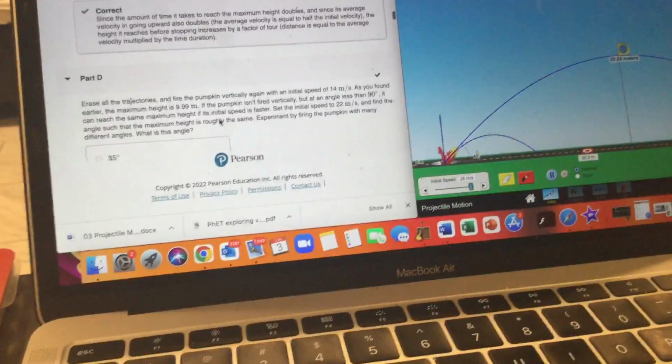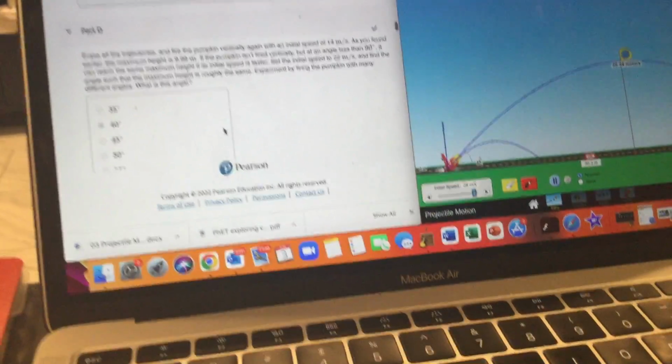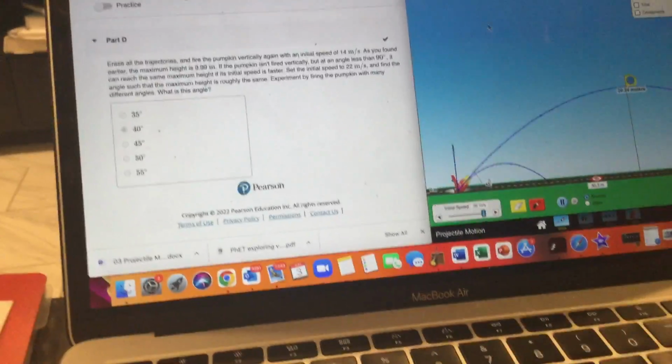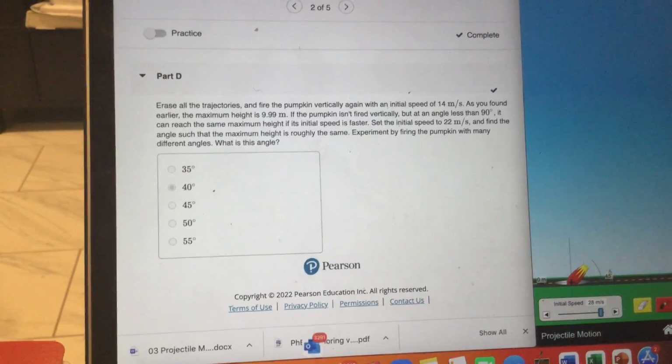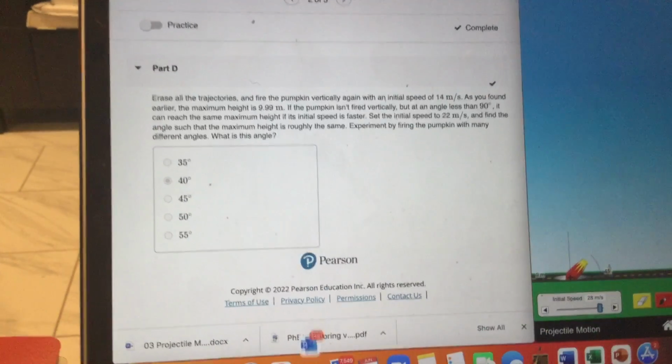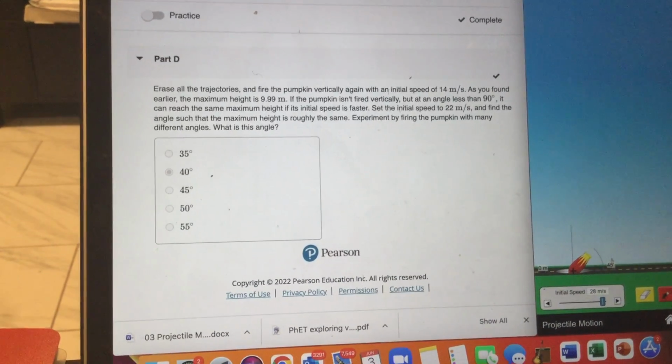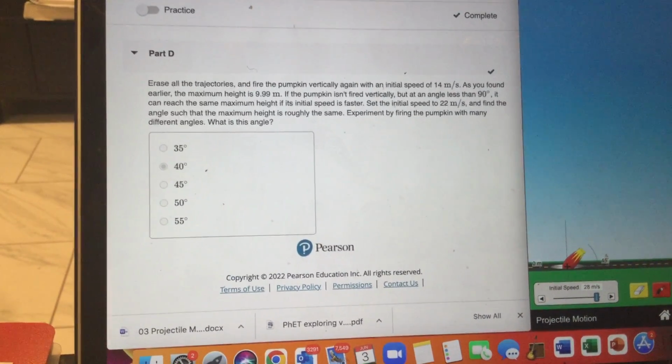Okay. So we'll go to part D. Erase all the trajectories and fire the pumpkin vertically again with an initial speed of 14 meters per second. As you found earlier, the maximum height is 9.9.